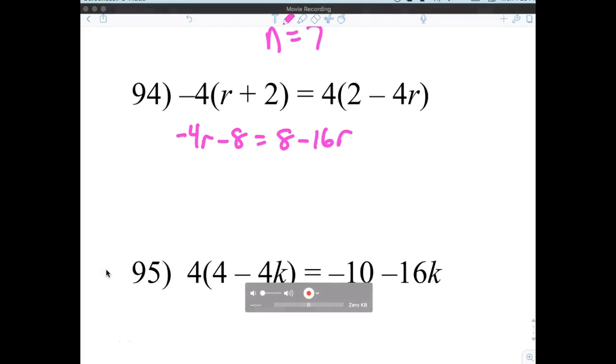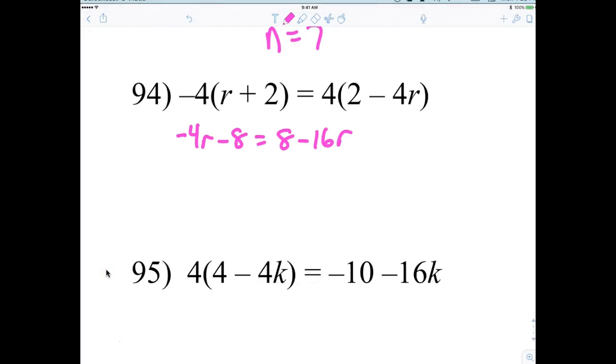He said it correctly. I would end up with 12r equals 16. 3/4 or 4/3? 4/3. So r is equal to 16 over 12, right? There you go. Is everybody happy?